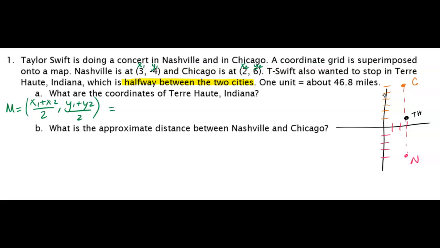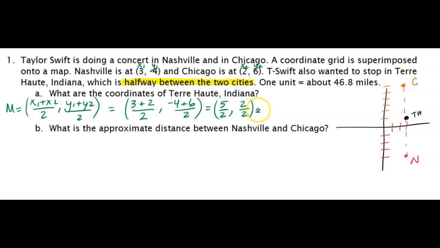So x1 is 3 plus x2, which is 2, and then I'm dividing that by 2. That's part of our formula. And then my y1 and y2 are -4 and 6, and then divided by 2. So now we have to simplify. 3 plus 2 is 5. -4 plus 6 is 2.